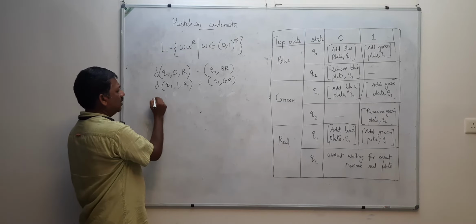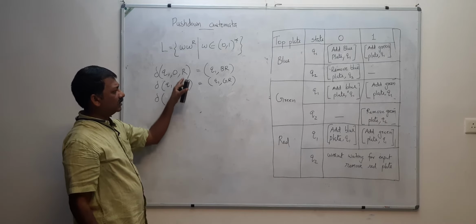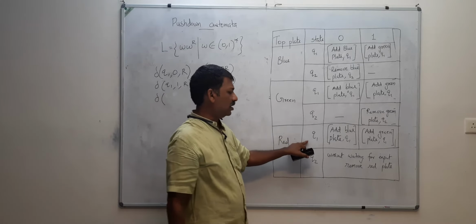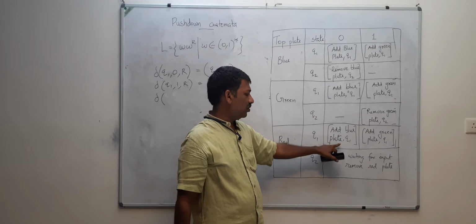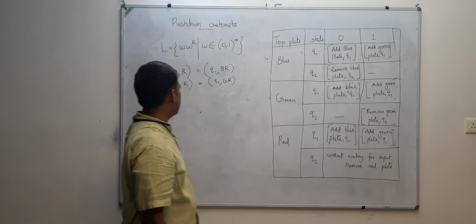Now the transitions for red is over. If it is in state Q1, and if it is a 0, it is adding a blue plate. If it is a 1, you are adding a green plate. Okay.